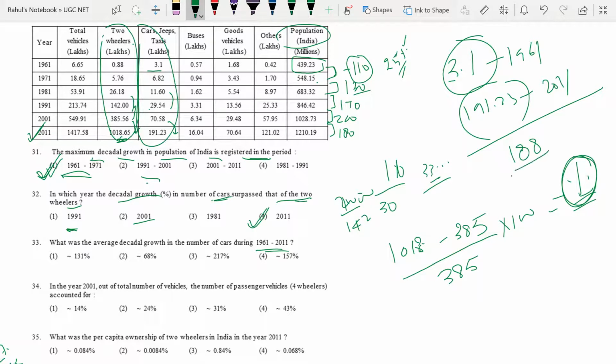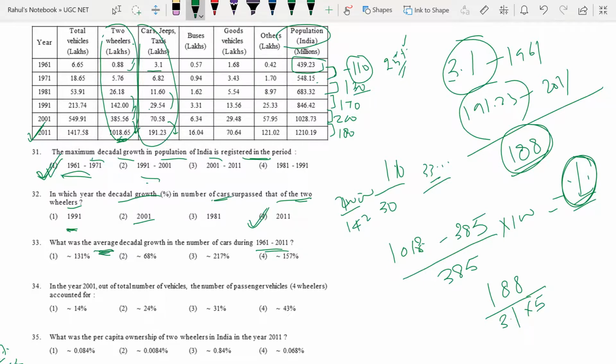approximately 188 lakh. Now 188 divide it with 3.1, as we need to find growth in comparison to 1961. We need to find how much growth is there now. That is why divide it with 3.1 and also divide it by 5. Why? Because we need to find average decadal growth.